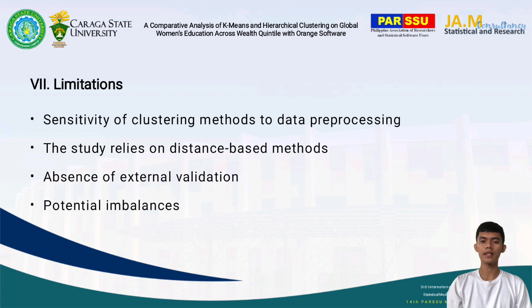Additionally, this study relies on distance-based methods that assume homogeneity and may not capture complex or overlapping cluster structures, particularly given the correlation among the wealth quintile variables. The choices of the number of clusters in k-means and linkage methods in hierarchical clustering also introduce subjectivity.